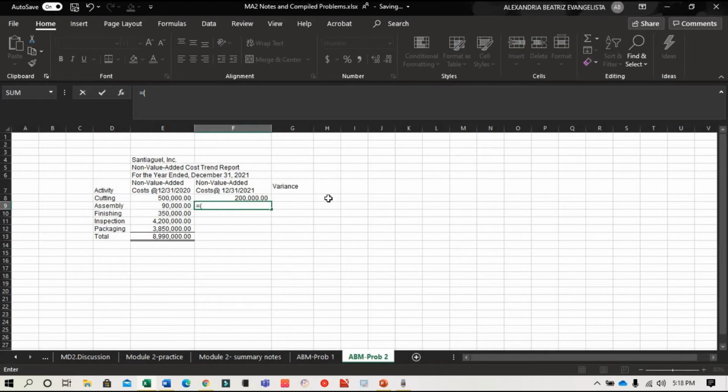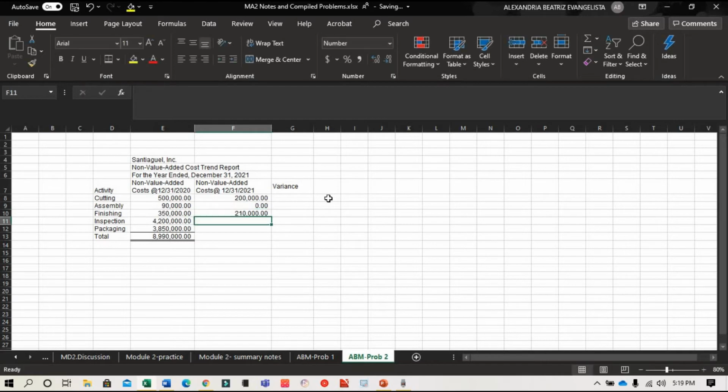For assembly, that is 150 plus 150 multiplied by 9. For finishing, that is 330,000 plus 300 multiplied by 7.